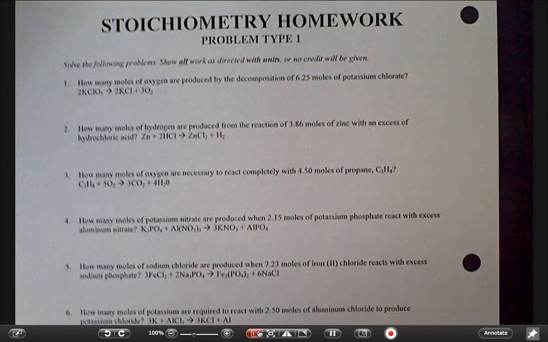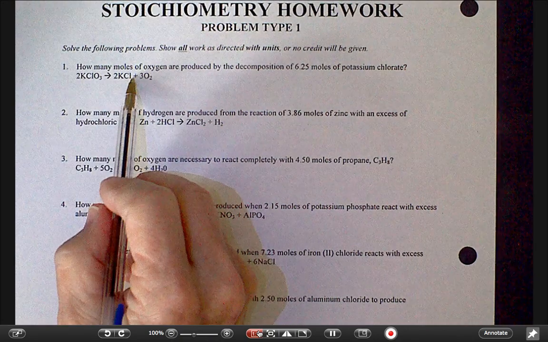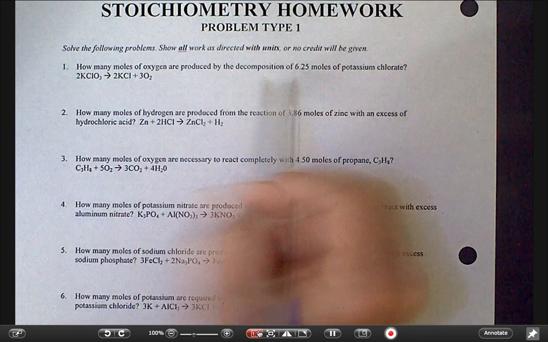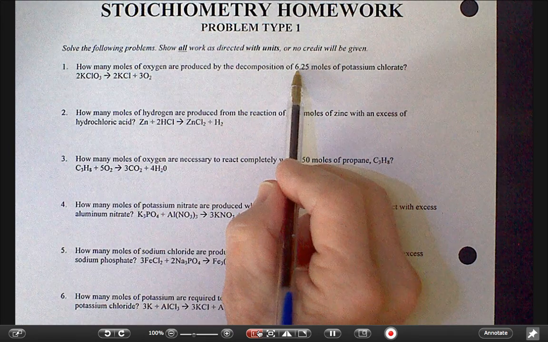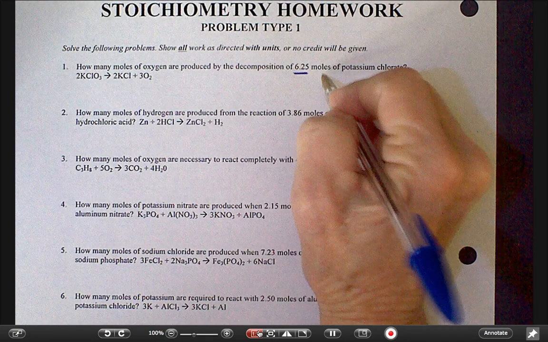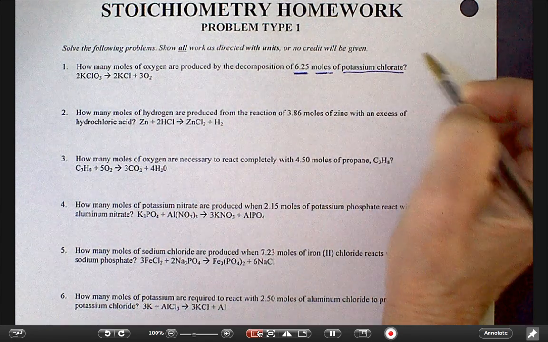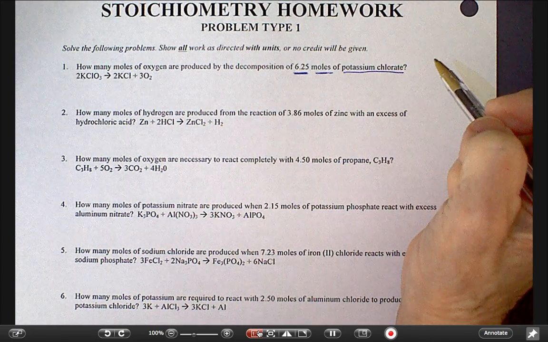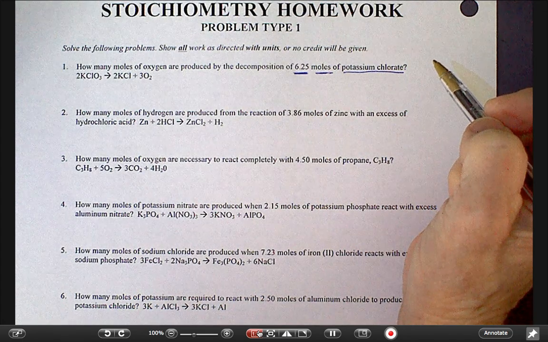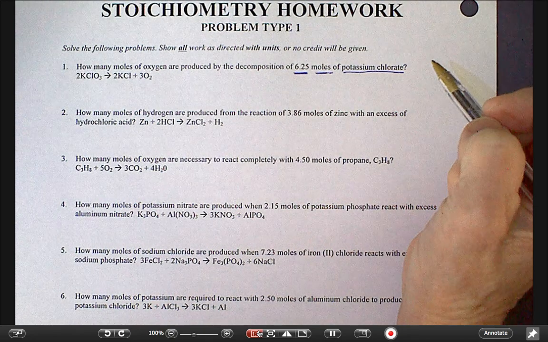Okay, homework, problem type 1. Here is your balanced equation. Everybody see it? Now then, it says, go straight and go find the number. See how easy it is to pick out your known? 6 moles of who? Now, I found this out helping somebody that wasn't going to be here today. They couldn't identify who potassium chlorate is. Can you?